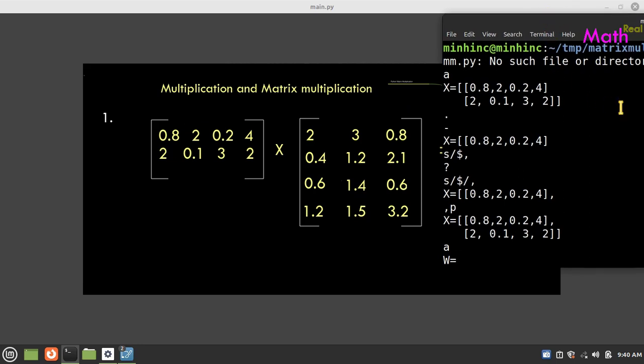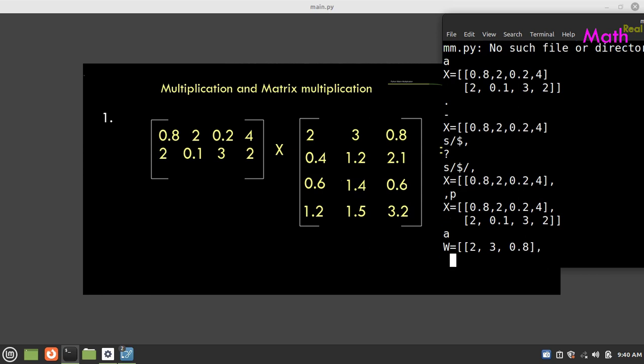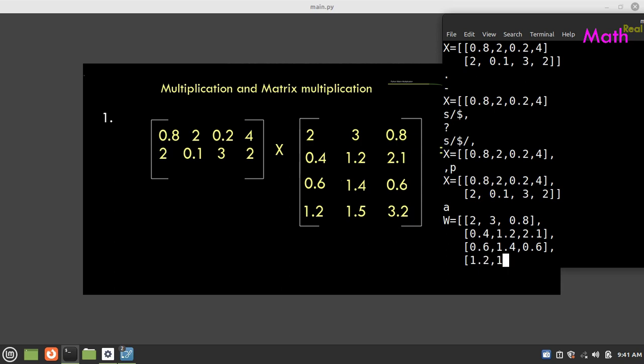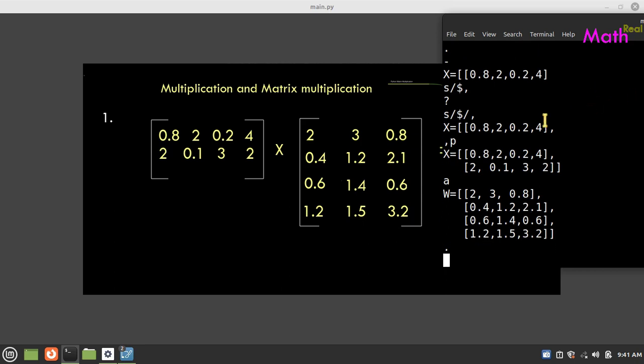W equals 2, 3.8, 0.4, 1.2, 2.1, 0.06, 1.4, 0.6, 1.2, 1.5, 3.2, 2, 0.24.